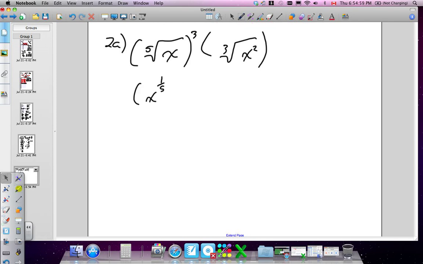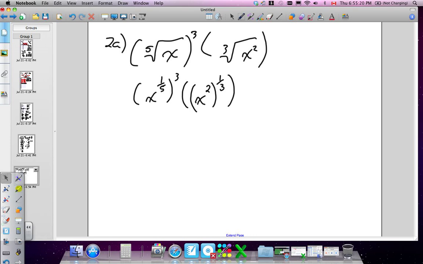Do you know how to turn a root into an exponent? And then here, I have x squared, to the power of 1 over 3. We're going to get to that. Right now, all I've done is separate them.